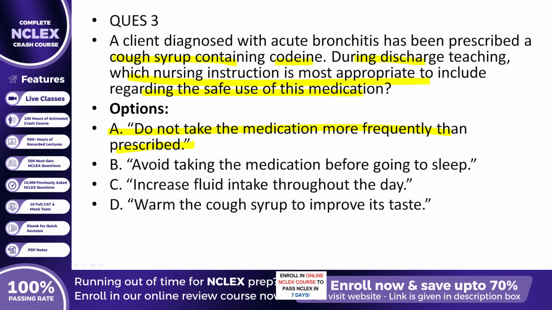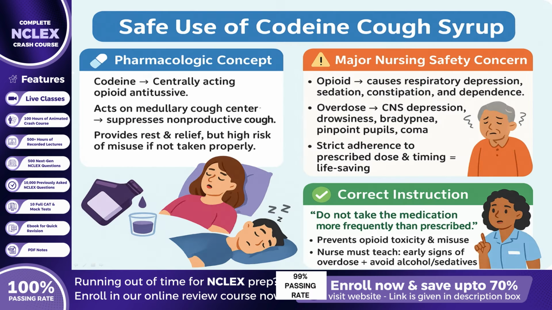This question evaluates safe medication administration, pharmacologic principles, and patient education related to opioid antitussives, such as codeine. Codeine acts directly on the medullary cough center in the brainstem, suppressing the cough reflex and providing relief from persistent, non-productive coughs. However, because it is an opioid, it carries a significant risk of respiratory depression, sedation, constipation, and drug dependence when misused or overdosed.